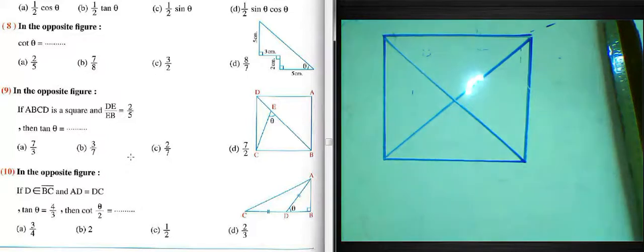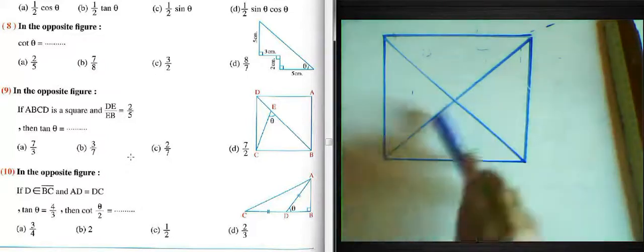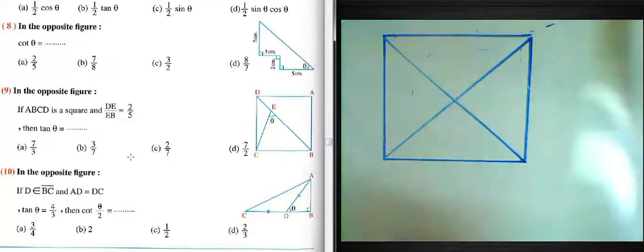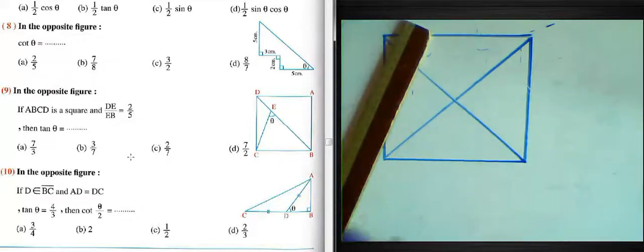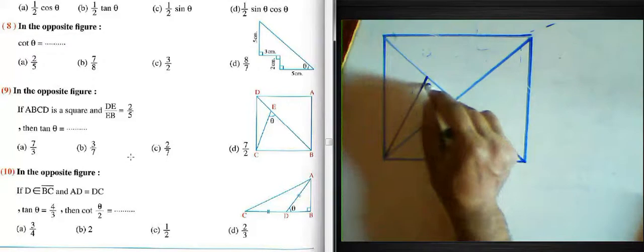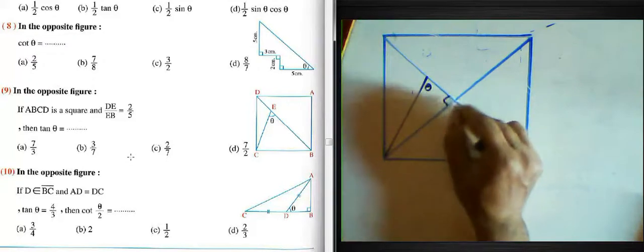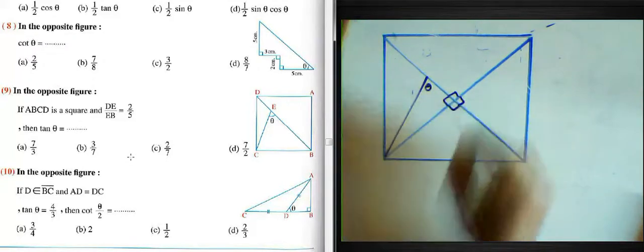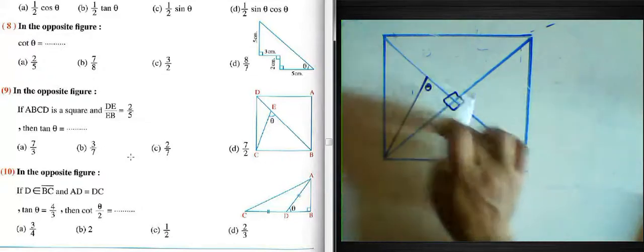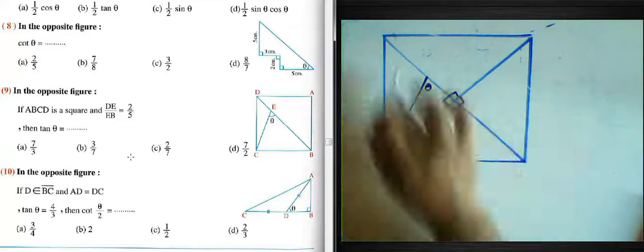And this angle, I want to find tan theta. We have two right angles here, because the two diagonals are perpendicular.